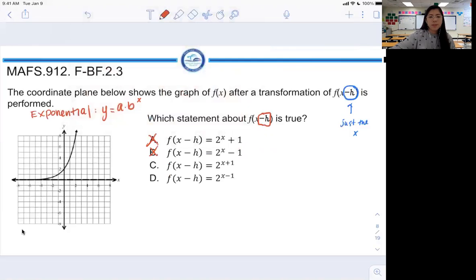I'm looking for the one that uses subtraction, which is answer choice D. Exactly. The reason I went through all of that is to make sure you understand the difference, okay? When it's inside the parentheses, you add it just to the x. When it's outside the parentheses, that value is being added or subtracted from the whole function.